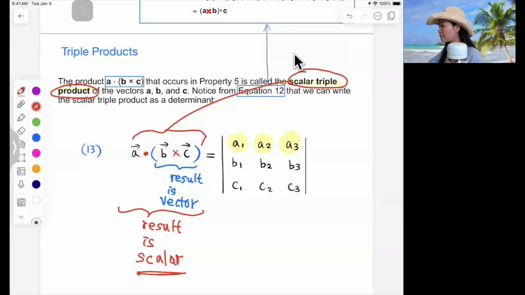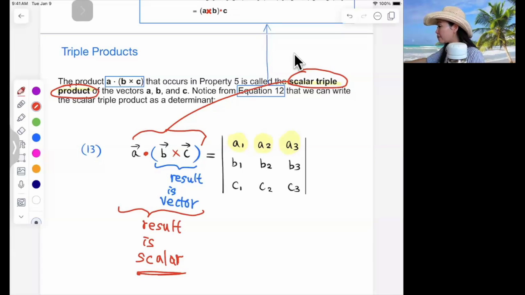An easy way to remember this is to put the components of vector A on the first row, A1, A2, A3, the components of vector B, B1, B2, B3, and the components of vector C, C1, C2, C3.